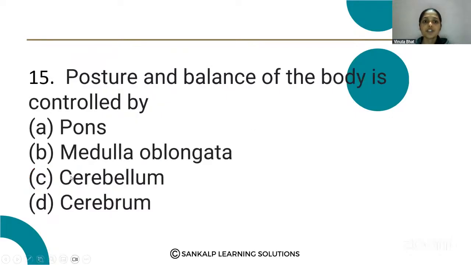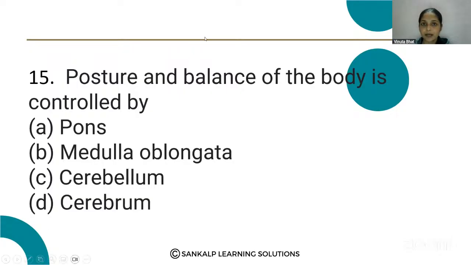Then, posture and balance of the body is controlled by option A, pons, option B, medulla oblongata, option C, cerebellum, or option D, cerebrum. Yes, that is the cerebellum.